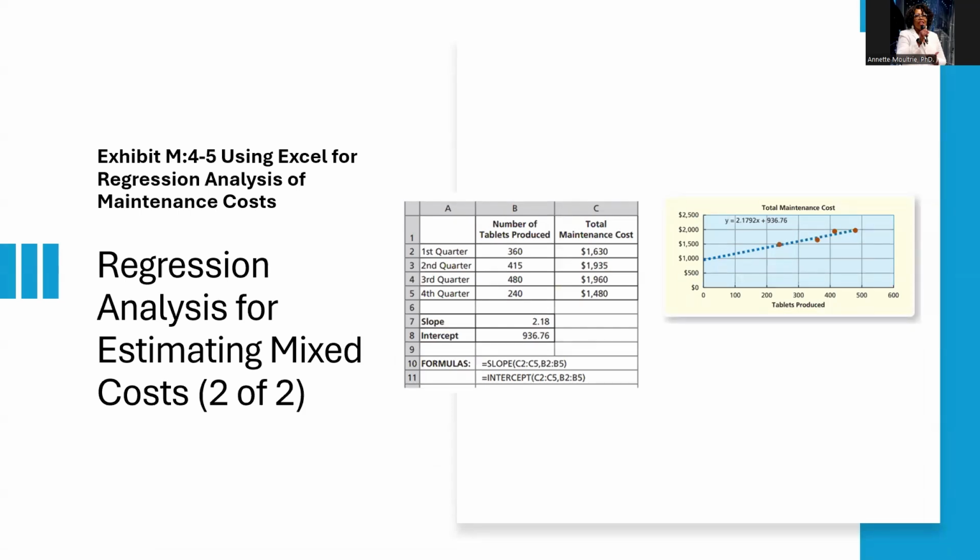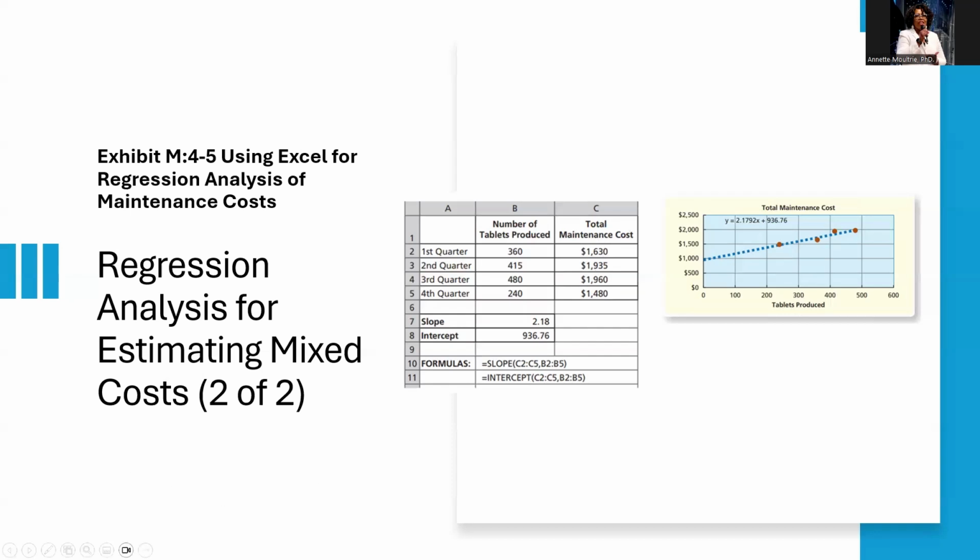All right, so step 1 with the regression analysis of maintenance costs. Step 1, you enter the data in an Excel spreadsheet. You enter the number of tablets produced in cell B2 through B5. This is column B. And then in column C through C5, you will have the amount of the maintenance cost.